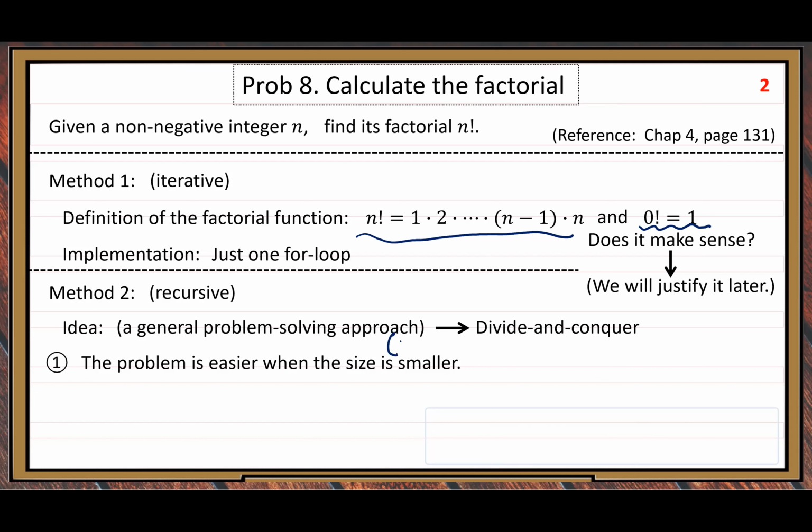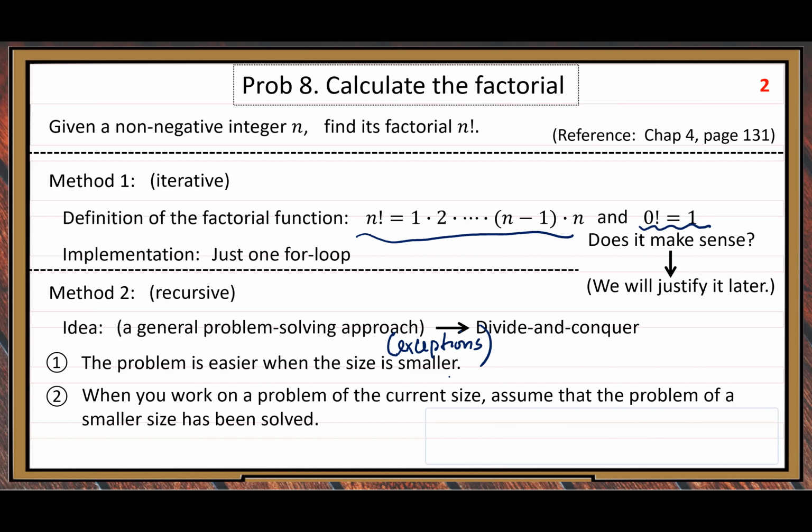Exceptions mean you can find special examples where a smaller problem size could be harder than a larger problem size. That could happen for certain exceptions, but the general principle is like this.